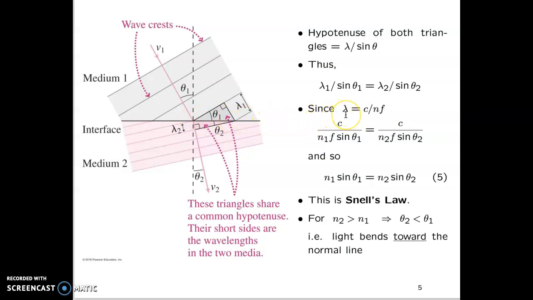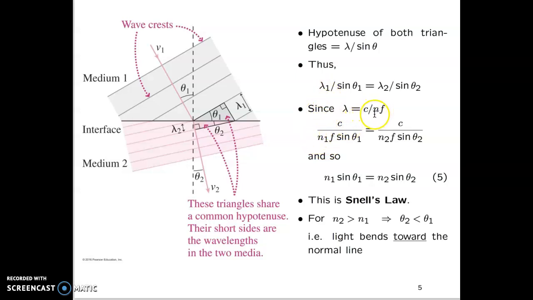And let's see, what do we know about lambda? Well, we argued before it was c divided by n times f. So let's replace wavelength, lambda 1 and lambda 2, with this expression. Now I'm going to have to put a subscript on the index of refraction, n, because we have wavelength in medium 1.